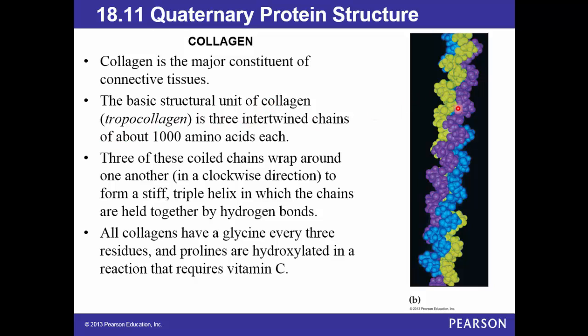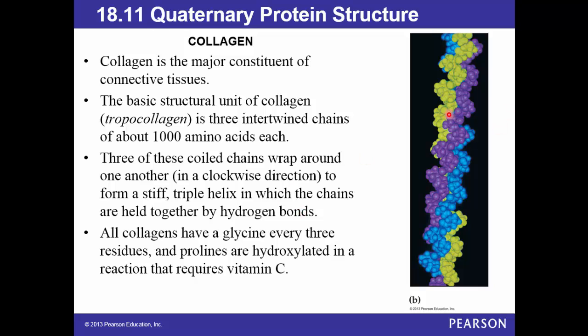It consists of 3 intertwined chains of about 1,000 residues each, blue, purple, and yellow. Imagine each one consists of 1,000 amino acid residues. 3 of these coiled chains wrap around one another in a clockwise direction to form a stiff triple helix in which the chains are held together by hydrogen bonds.